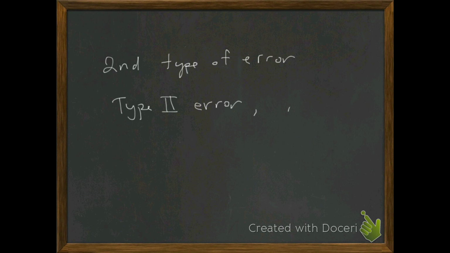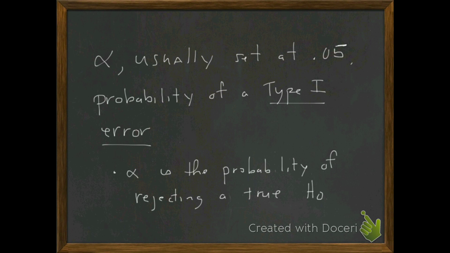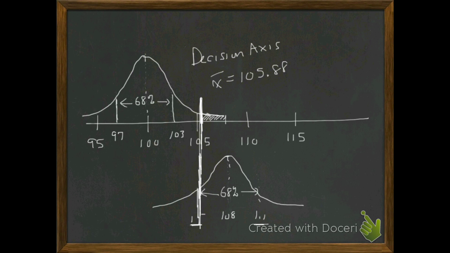Well guys, the type 2 error is denoted by beta, and the definition of a type 2 error is failing to reject a false H sub O, which should be relatively clear is an error.